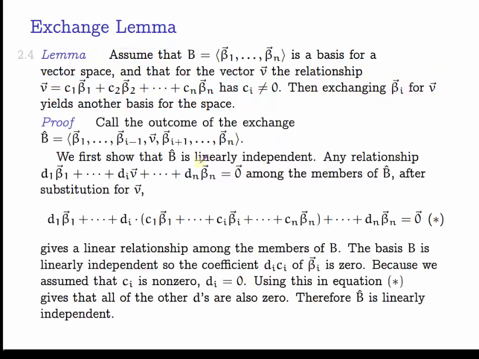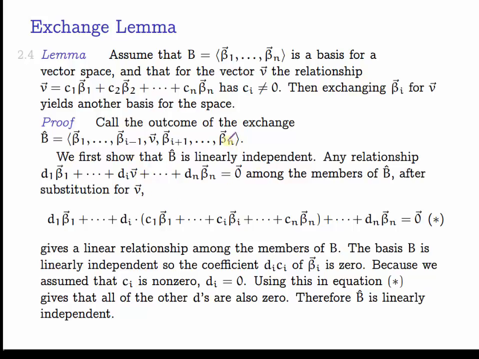Okay, let's look at the proof. Suppose that we exchange Bi for V, and first we want to show that this set is linearly independent. Now, suppose we have a relationship that involves V. Okay, so we would write the relationship this way.